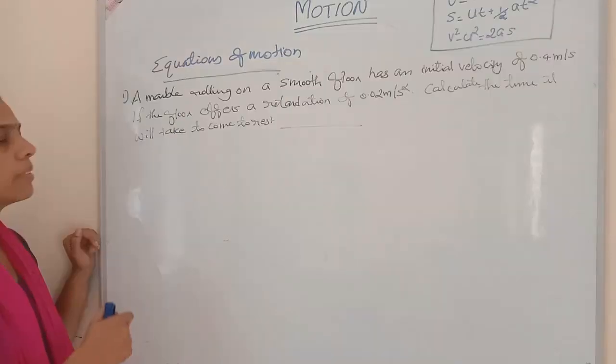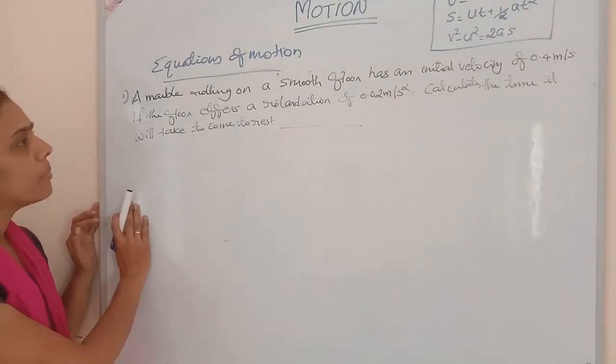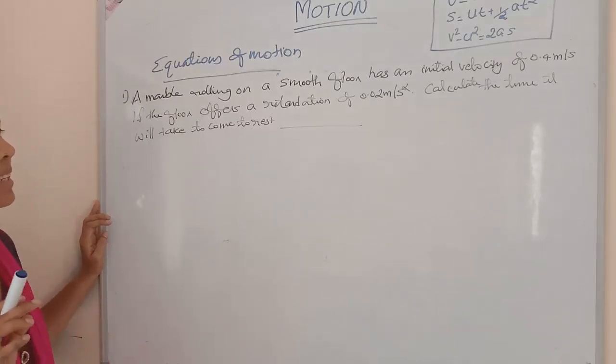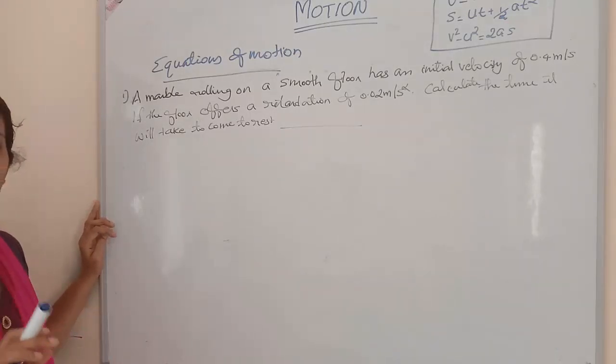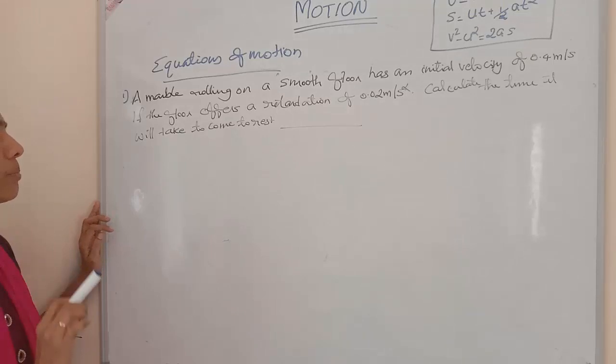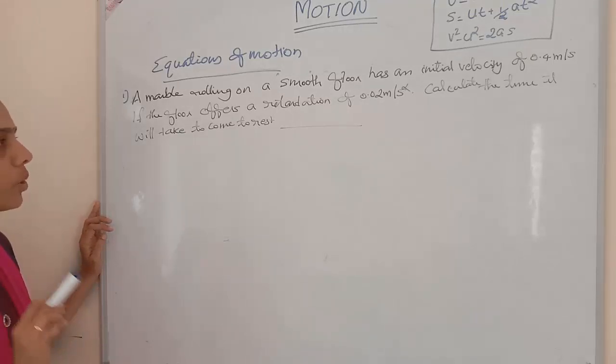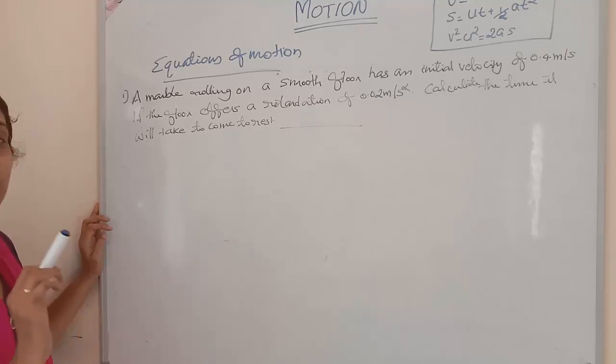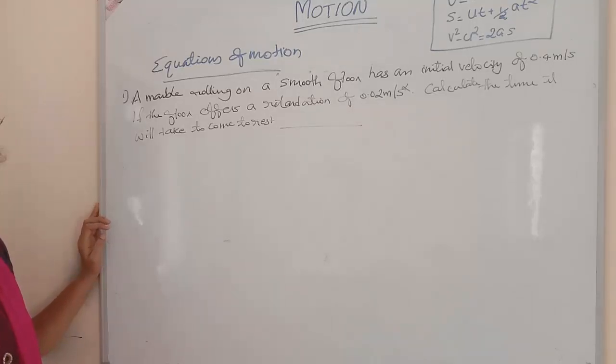Okay, so here a marble rolling on a smooth floor has an initial velocity of 0.4 meter per second. If the floor offers a retardation of 0.02 meter per second square, calculate the time it will take to come to rest.